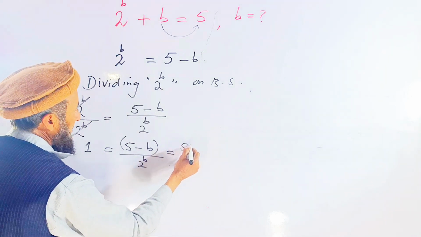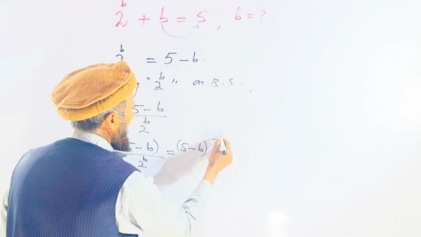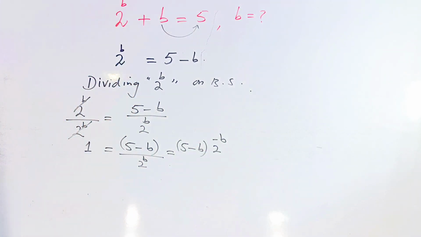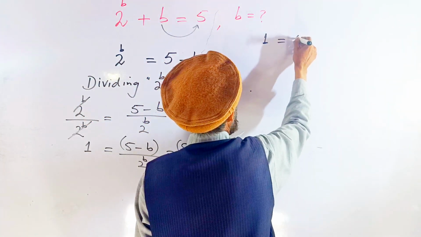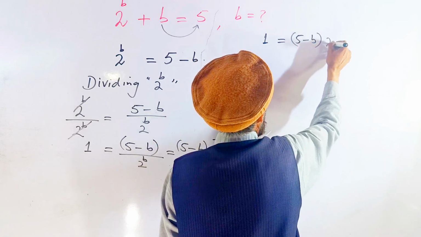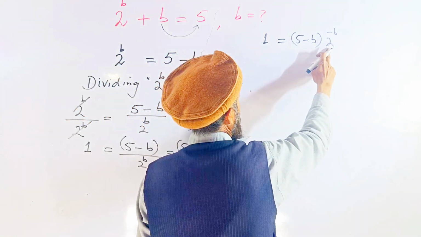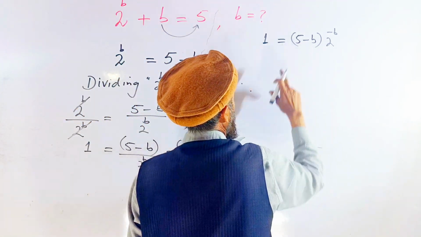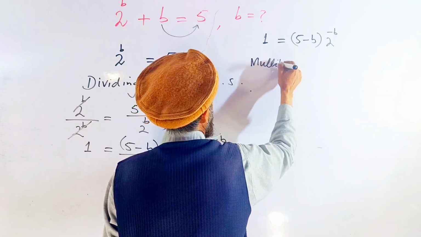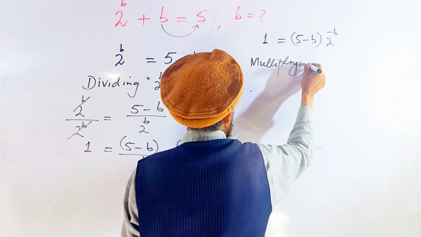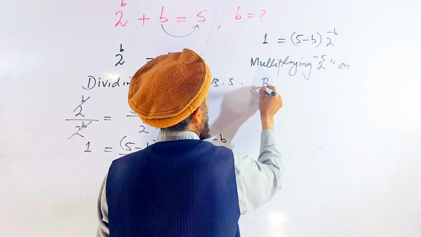We can write 5 minus b. If we move it to the numerator, its exponent changes into negative. Now we get 1 is equal to 5 minus b times 2 exponent minus b. Now we multiply by 2 exponent 5 on both sides of this equation.